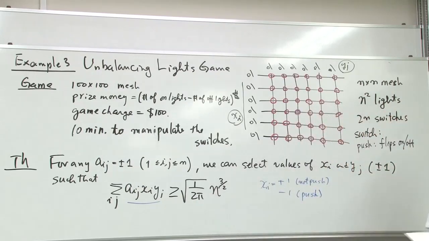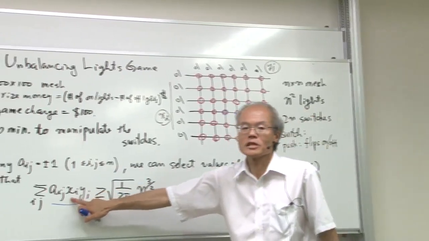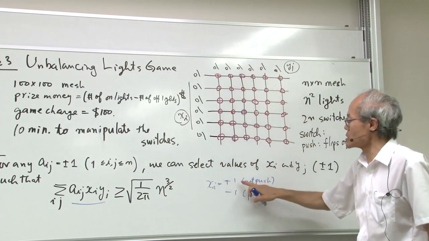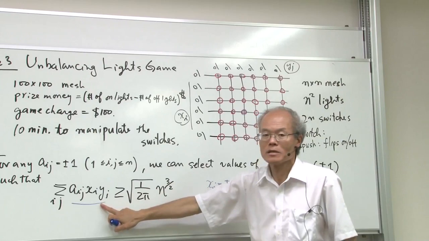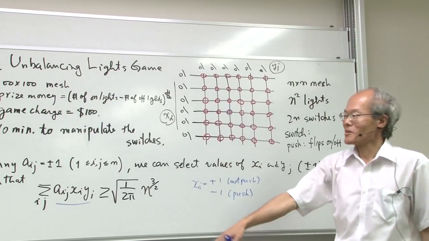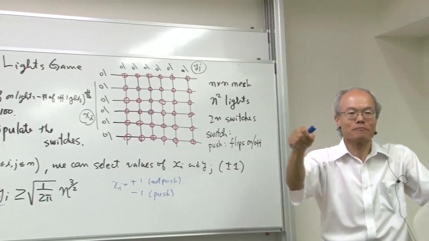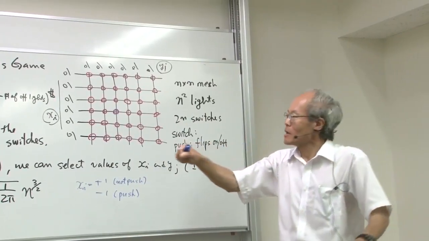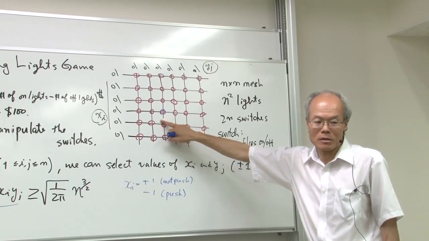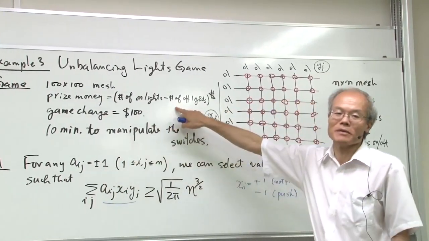If you do not push the switch, then it doesn't change. If you push y, if y is not pushed, it doesn't change. If you push, it changes to minus. This is exactly, after you manipulate the switches, whether or not this light is on.